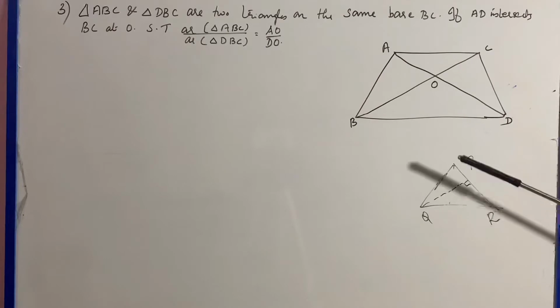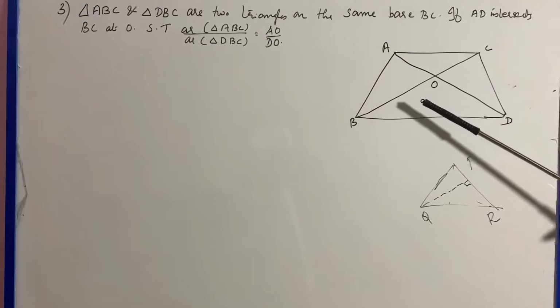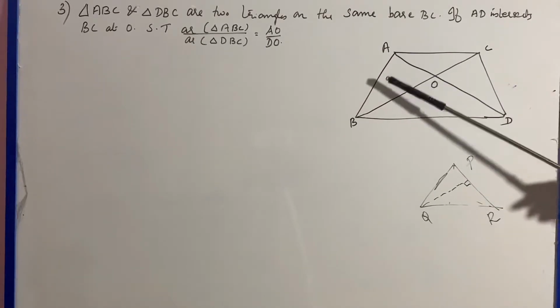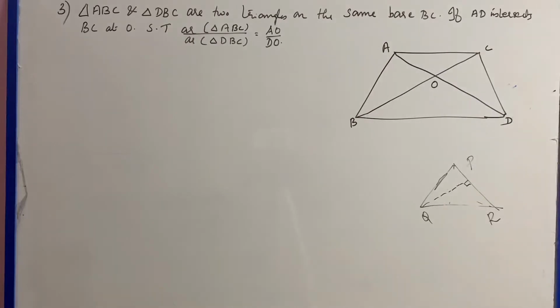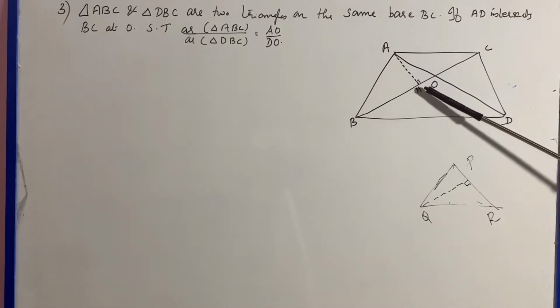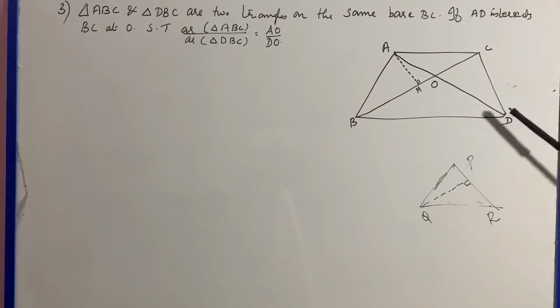Here, I take BC as the base to find the area of triangle ABC. So, I need an altitude from A to BC. See, I constructed AM as an altitude from A to BC. Now take the triangle DBC.